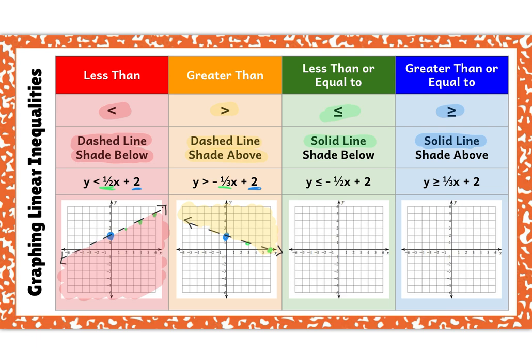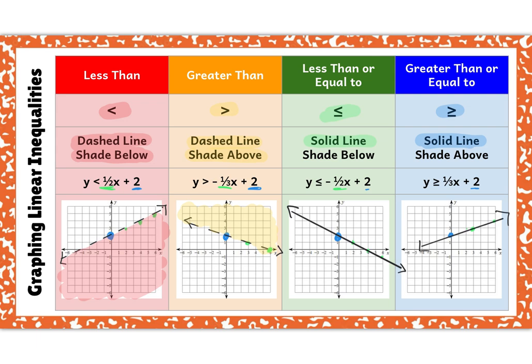The same idea goes for the less than or equal to and the greater than or equal to. I'm going to create the graph of the equation by using my slope and my y-intercept. So I found my y-intercept, which was 2, and then my slope for both of them. And I created my lines, and because these have an equal to part, these are solid lines.